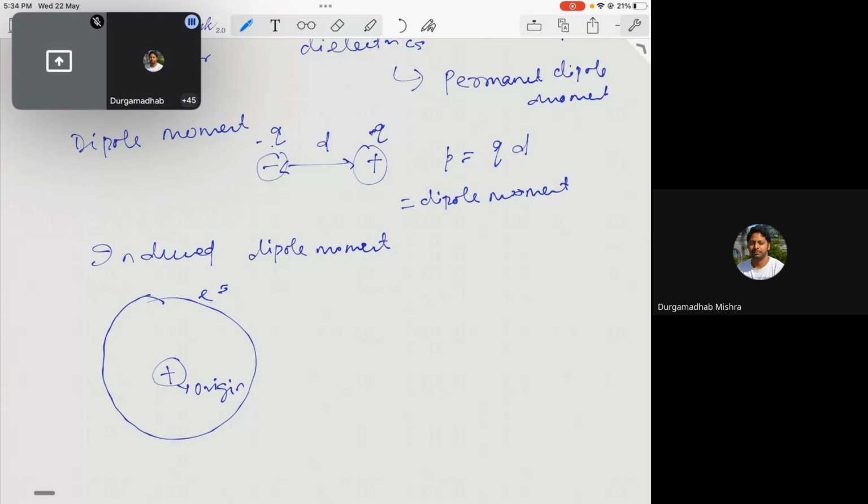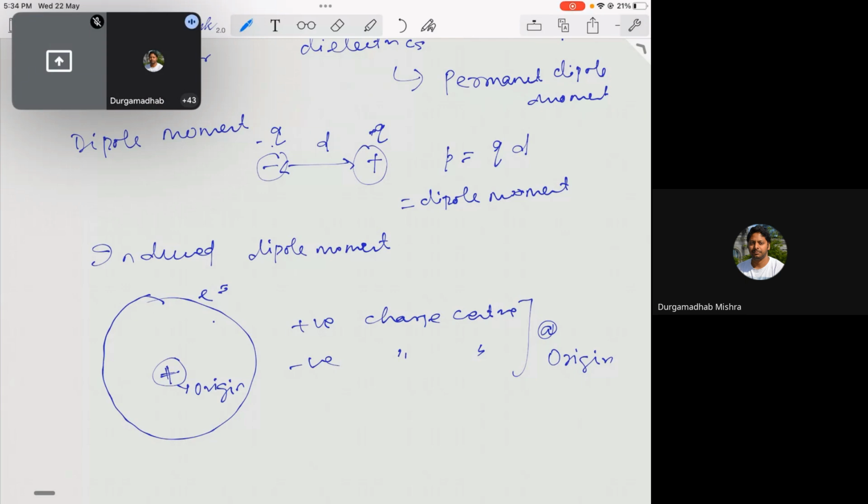It may be one electron or many electrons, but due to the spherical symmetry, the positive charge center and the negative charge center are exactly at the origin. They coincide, so you don't have any induced dipole.